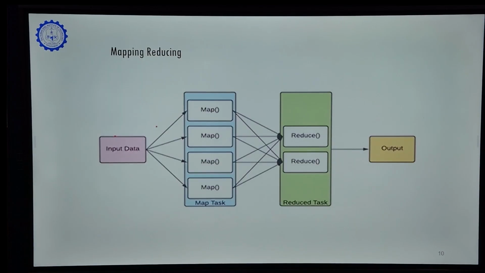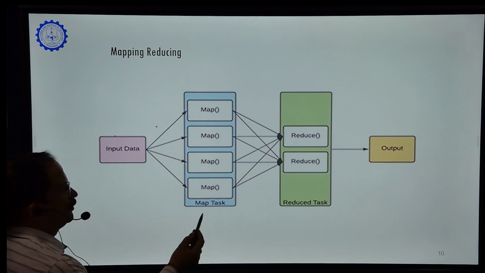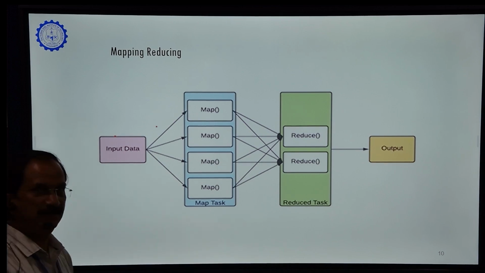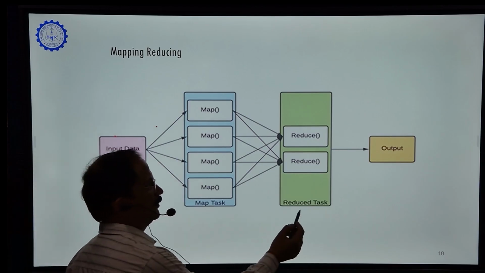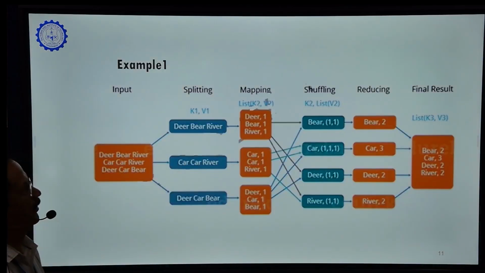I'm skipping this one. Here in mapping and reducing, there are two forms. It means input, then the map functions, there may be different map functions, then the reduce function and the output. Okay, let's see an example. With the help of an example you can understand easily.